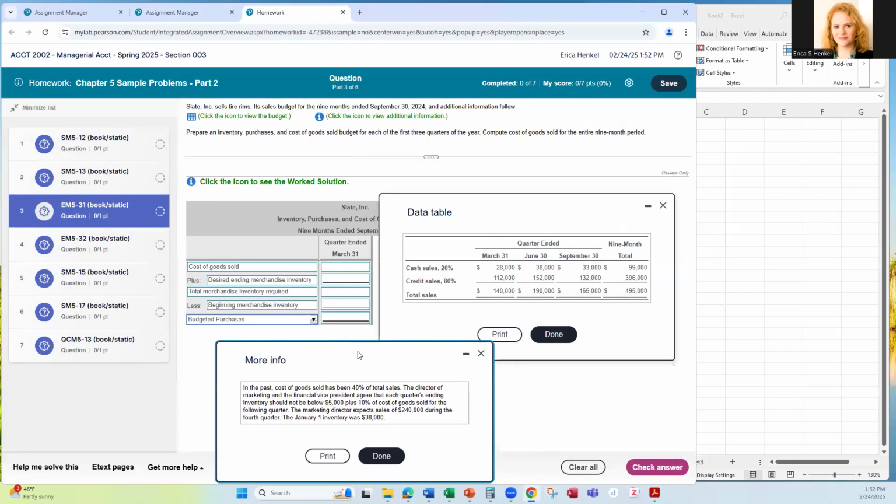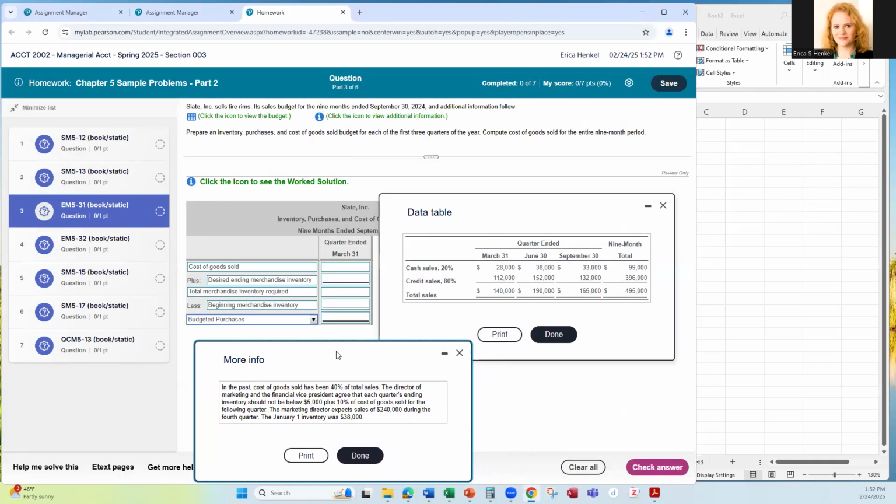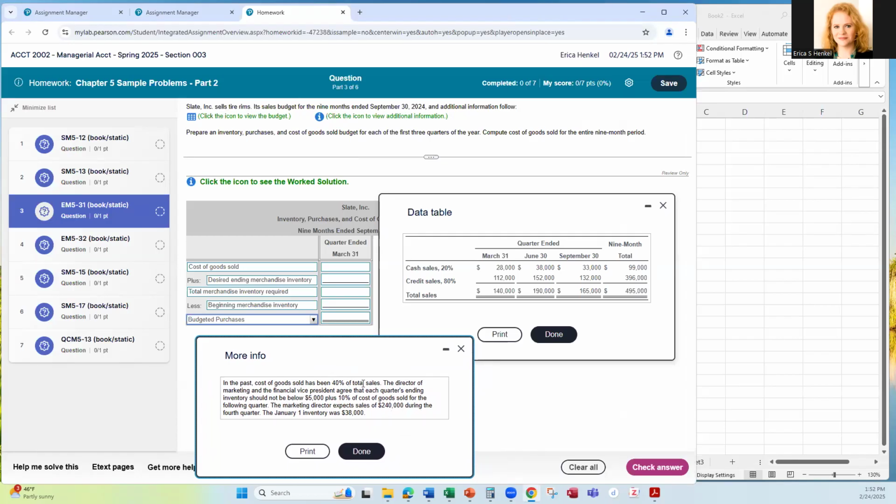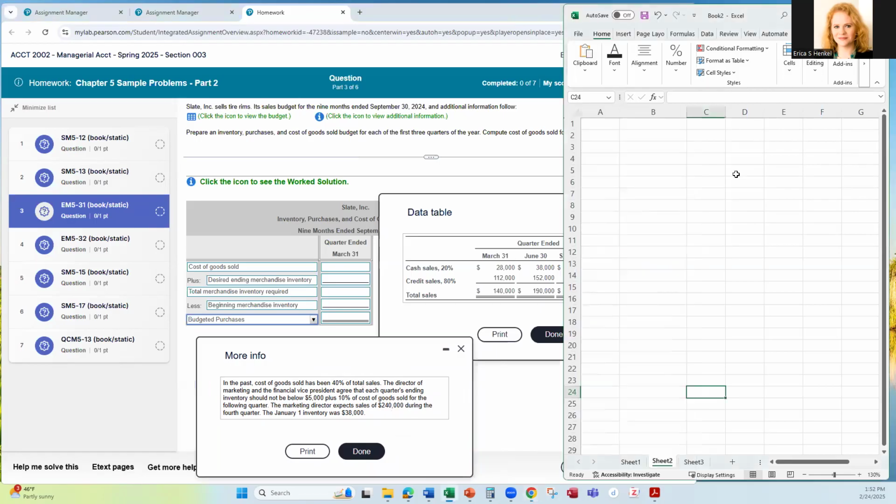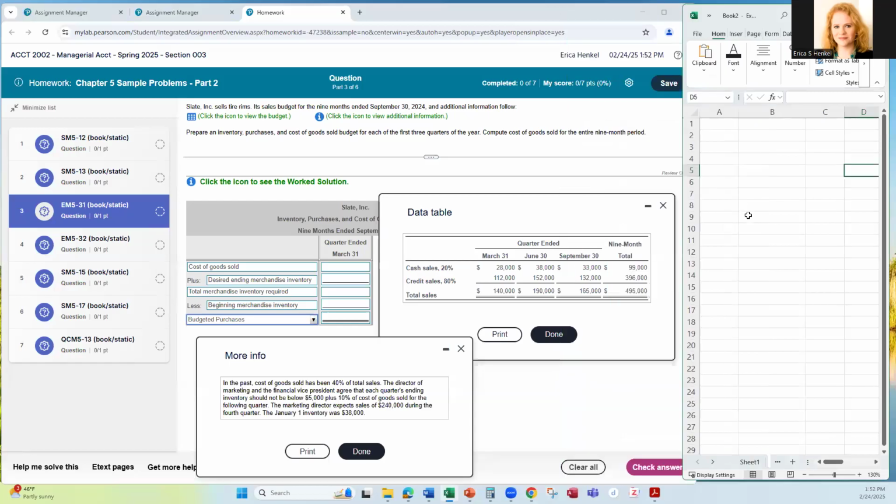I was like, there's got to be more information here. Cost of goods sold has been 40% of total sales in the past. We're going to take our sales and multiply it times 40% to figure out what our cost of goods sold should be.